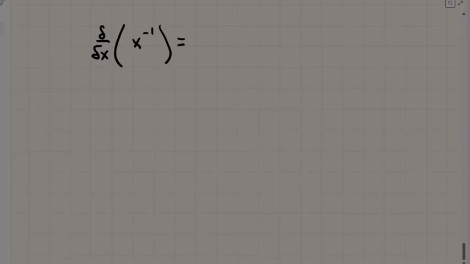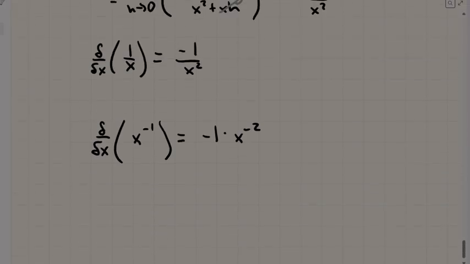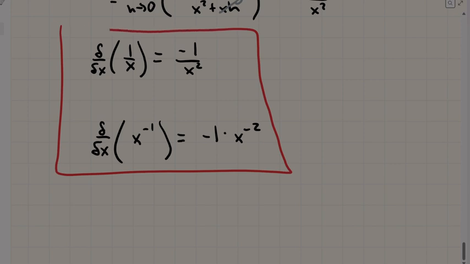Do the power rule on that. Negative 1 times 1. Now reduce the exponent by 1. Same answer. And so the power rule also will work with a negative exponent.